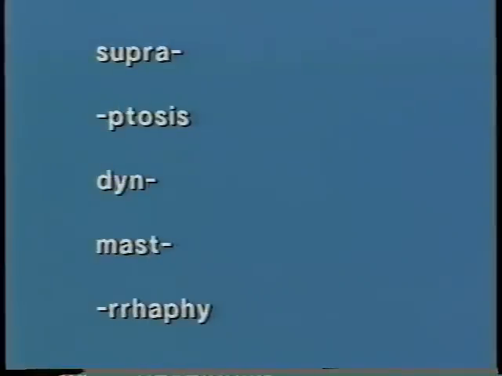Supra, soup, above. Ptosis, toe sis, falling. Din, dinner, window pane, pain. Mast, mast, breast. Raffy, raffle, suit, suture.